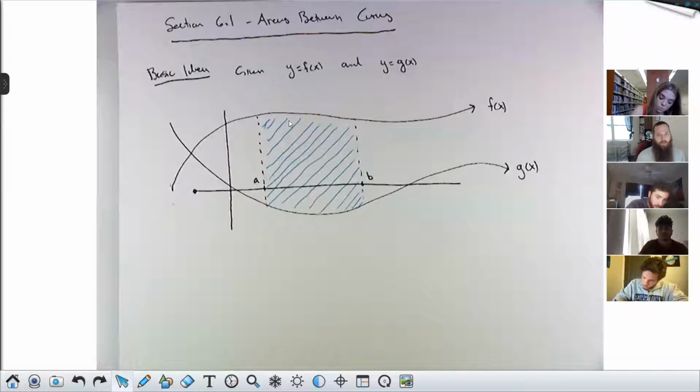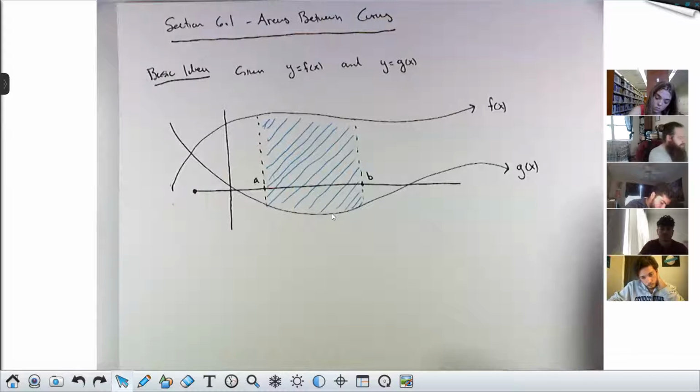Okay, bunch of ways to think about it. If both functions happen to be positive, then you can think of it like you're going to find the area under f and then subtract the area under g. Or if, as I've drawn it here, the upper function is positive and the lower function is negative, you'd think of it like I'm going to find the area under f. And then the regular integral would calculate the area bounded by g, but as a negative thing. So when you subtract it, it becomes positive. 1,000,001 ways to try and describe this for you.